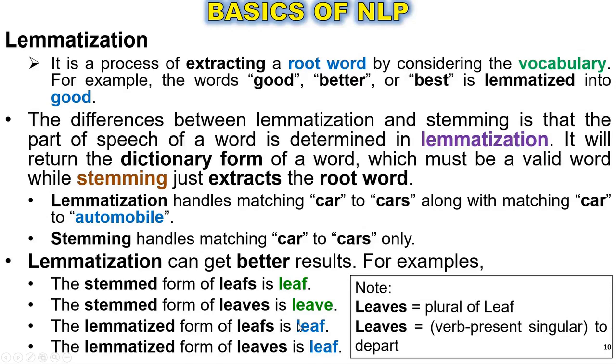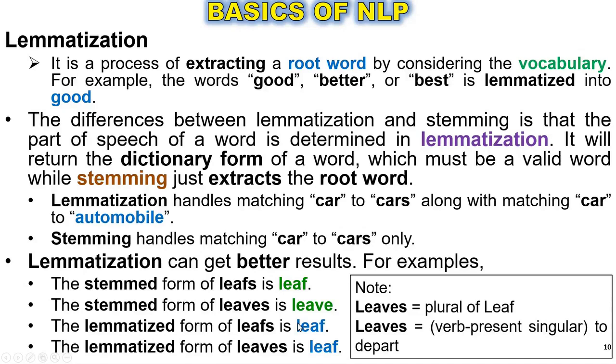Lemmatization is the process of extracting a root word by considering the vocabulary. For example, the words good, better, or best are lemmatized into good. The difference between lemmatization and stemming is that the part of speech of a word is determined in lemmatization.